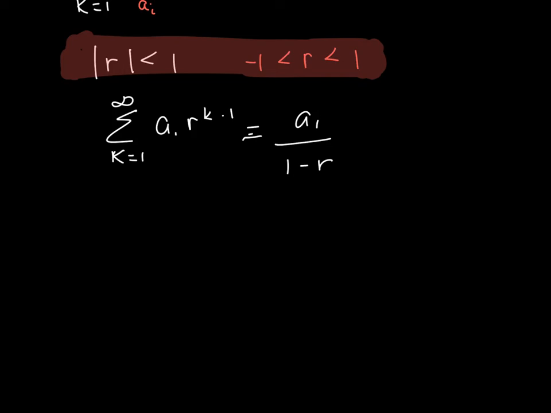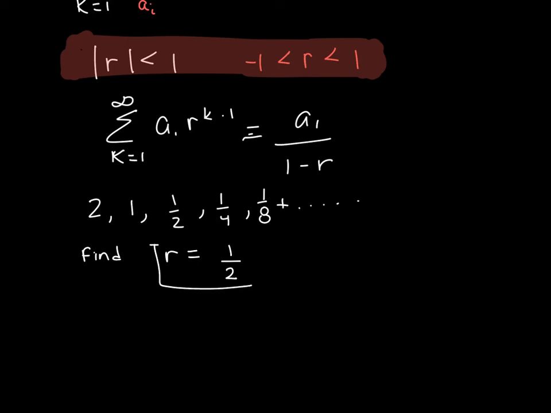So if I have the series 2, 1, 1/2, 1/4, 1/8, going on forever. In order to find this, we need a couple of different things. First, we have to find r, and r is just equal to 1 over 2.